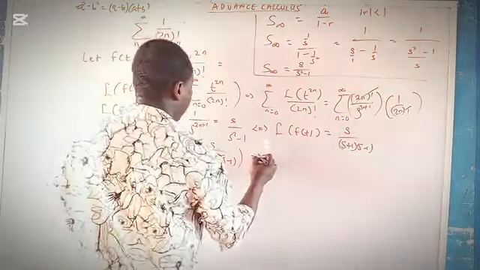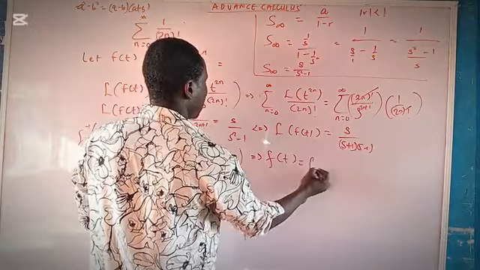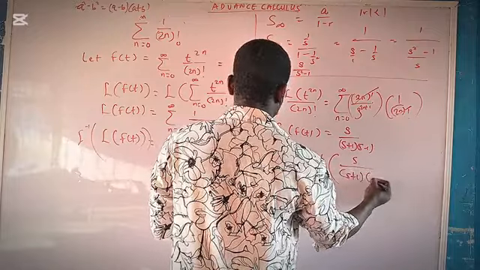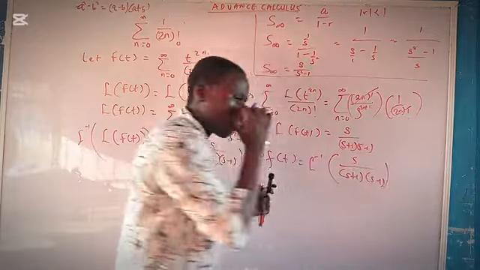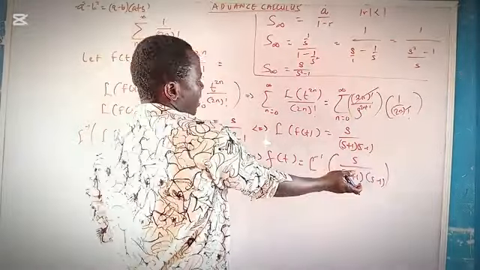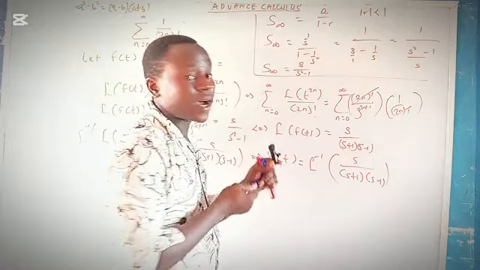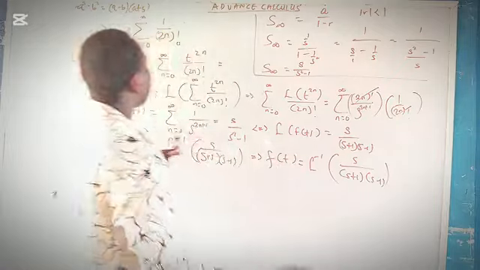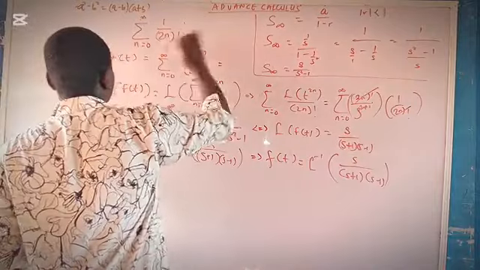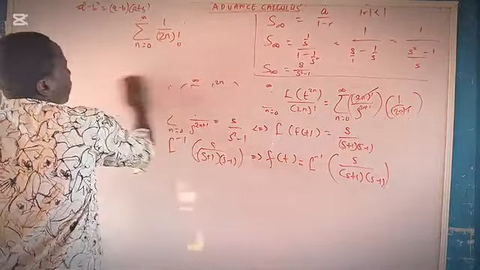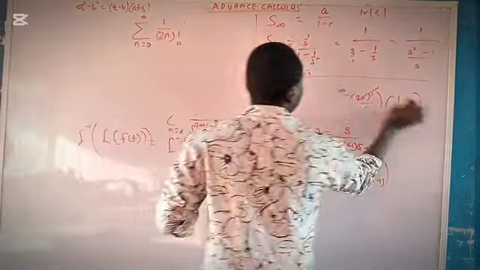So this implies that f of t equals inverse Laplace of s over s plus 1 into bracket s minus 1. That's cool. So here's the problem. How do we find inverse Laplace of s over s plus 1 multiplied by s minus 1? Let me clean this part so that we can have a way to solve our problem.